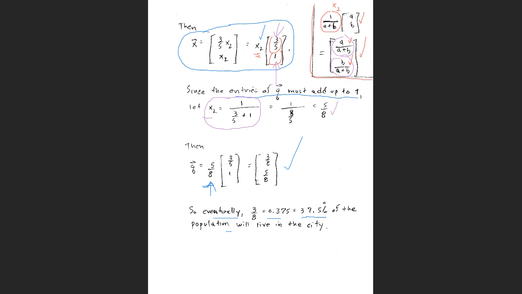If you could, I mean, the end result's 37.5%, but for instance, you could take M to the 10th power and multiply it by x sub 0, and see how close you get. You could get an idea of how long.